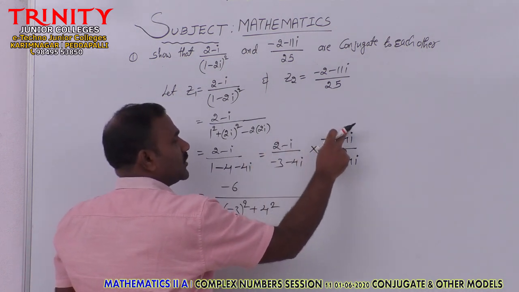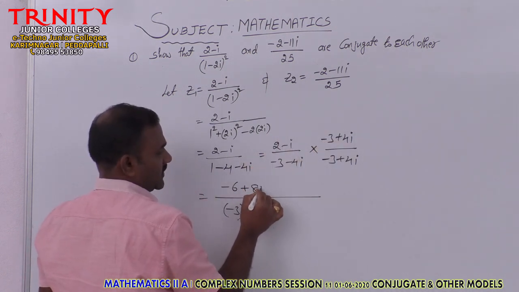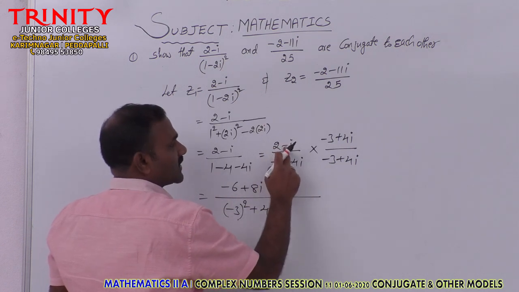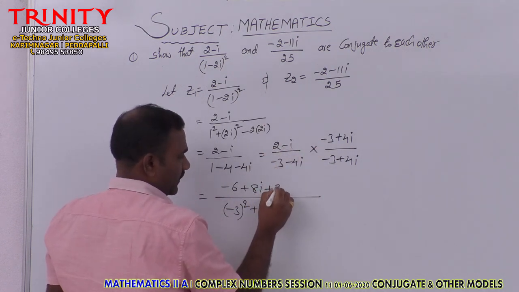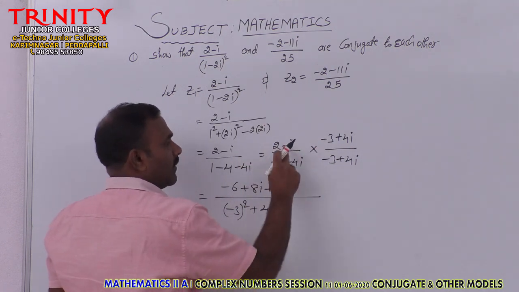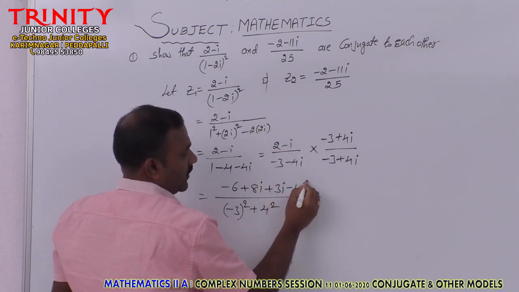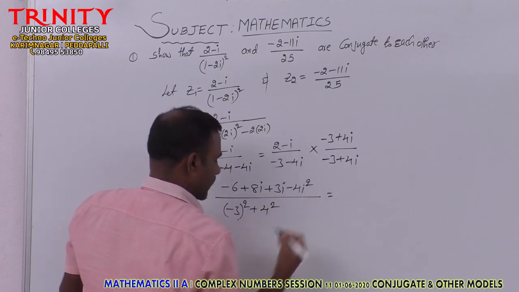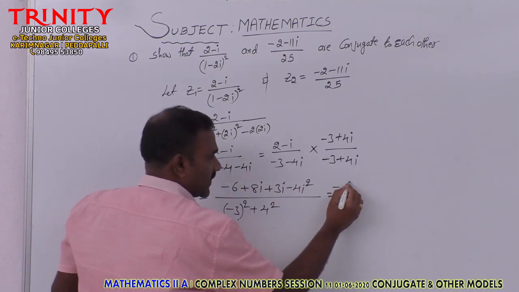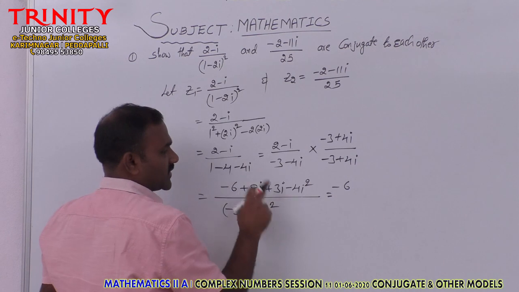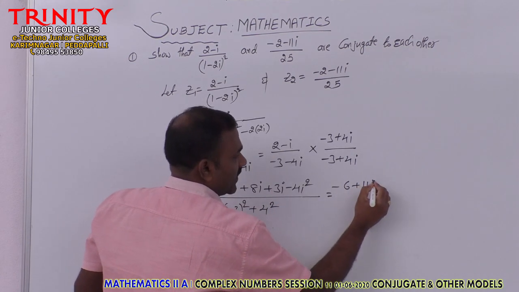Next, 2 into 4i is plus 8i; minus i into minus 3 is plus 3i; minus i into 4i is minus 4i square. Then minus 6 as it is, 8i plus 3i is 11i.